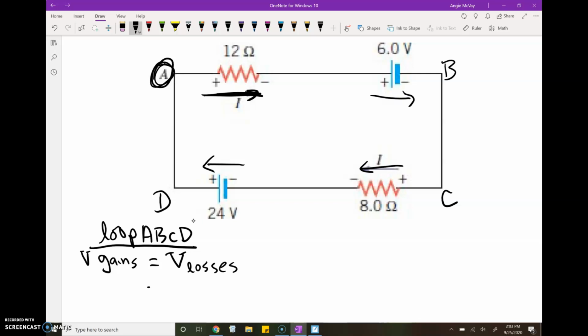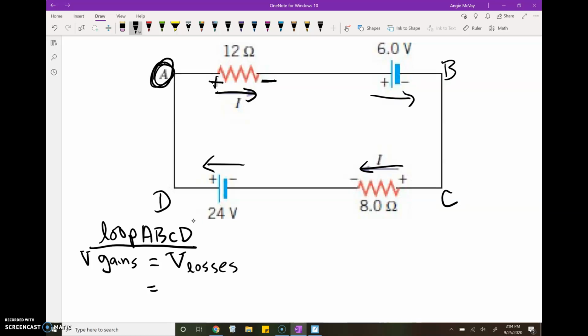Okay, so I kind of set up an equivalence here. If we're going around in the direction from A to B to C to D, the current would go to the right in this top section through a resistor, and we'll assume that resistors do what resistors do, and they provide a potential drop because we're starting out at a high potential region and going to a low potential region.